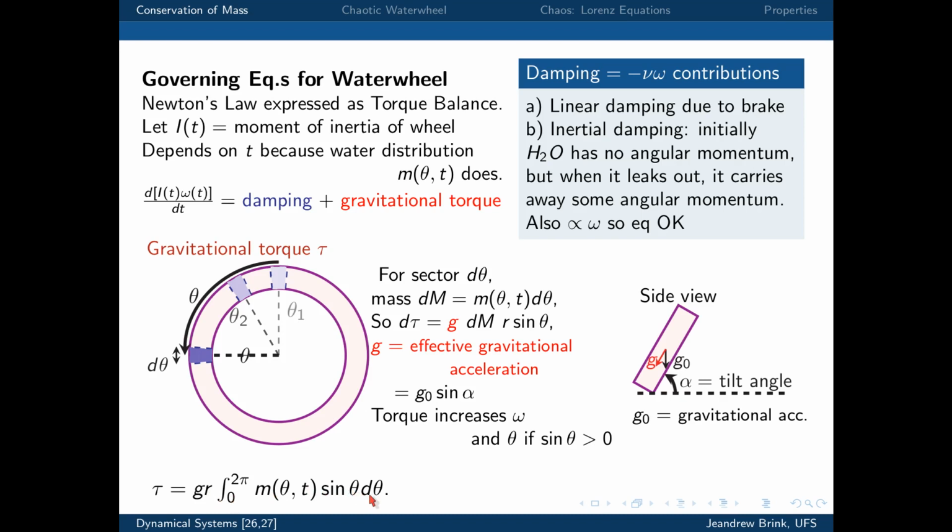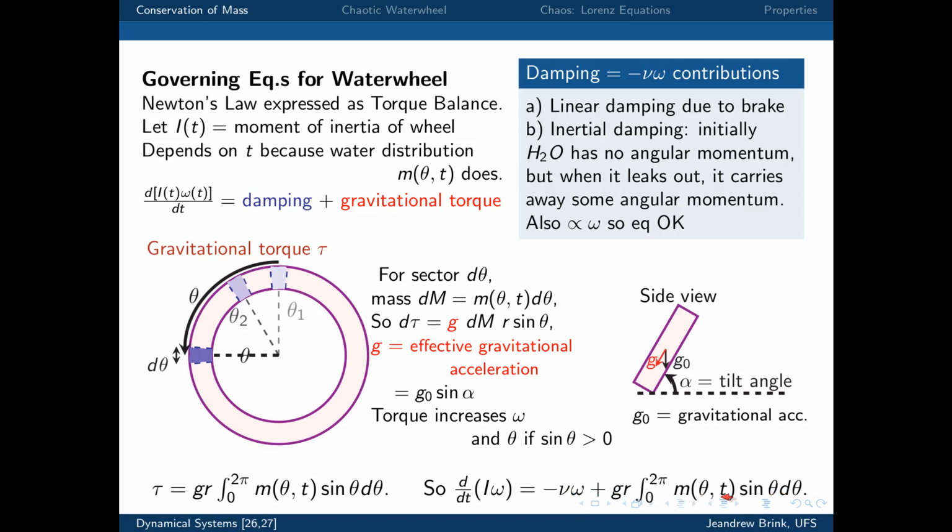And so the final torque balance equation, which is basically Newton's law for this wheel, is just d/dt of the moment of inertia times omega, which is equal to minus a constant times omega plus this effective torque that gravity exerts on the wheel.